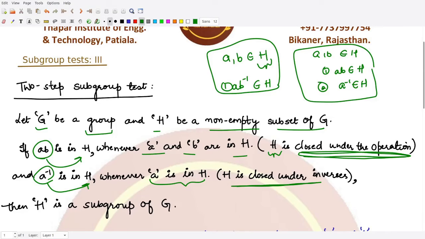If both of these conditions hold together, then by this test we can call H a subgroup of the given group G.